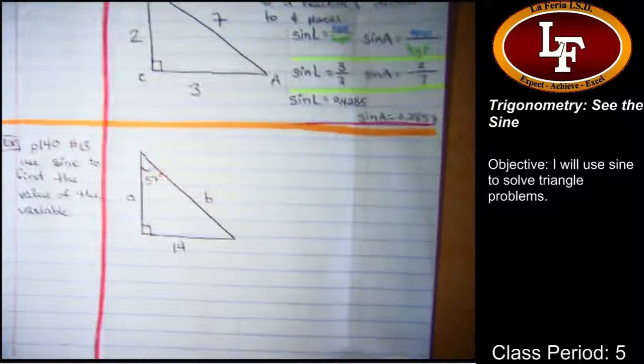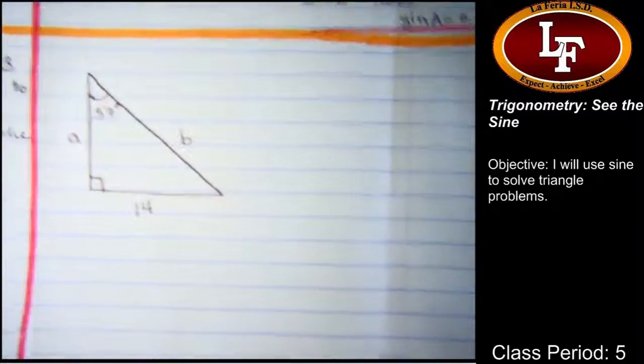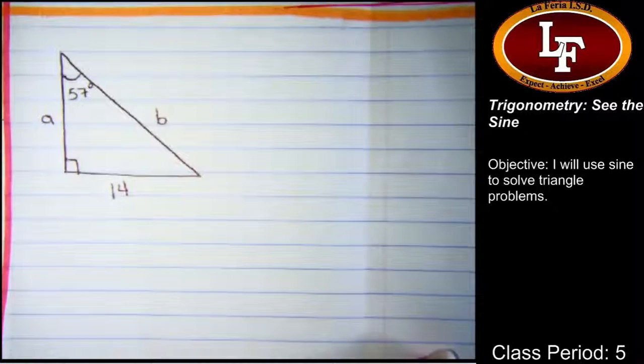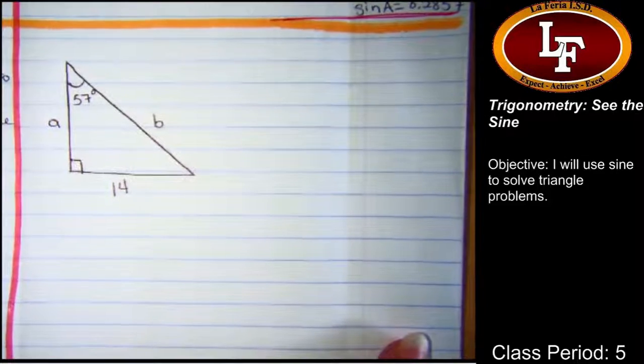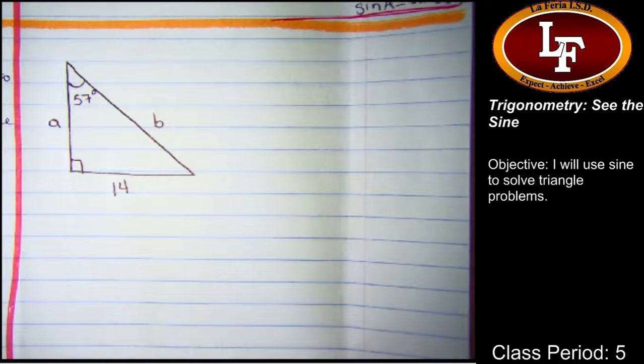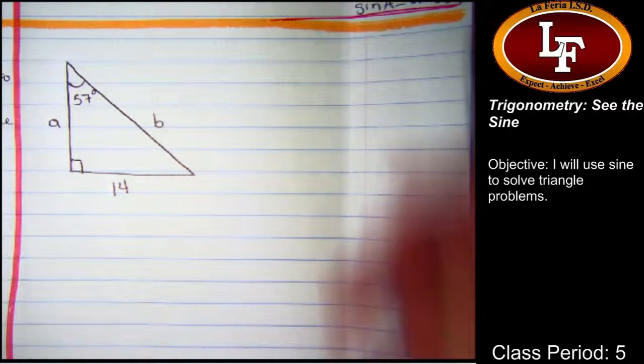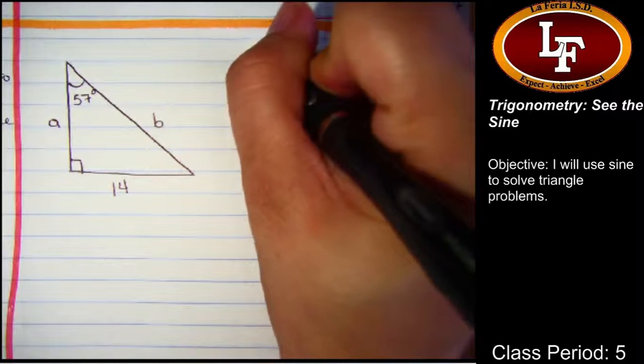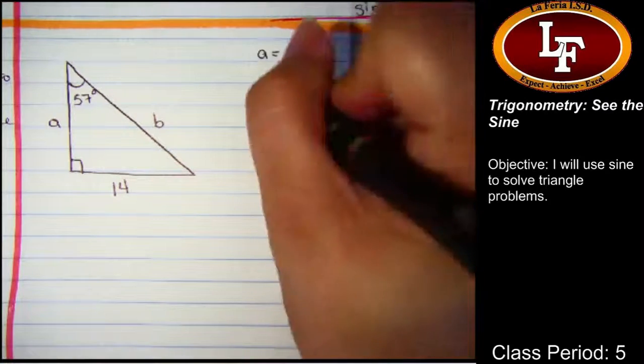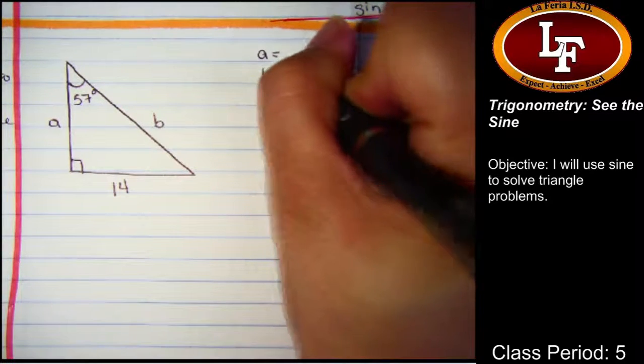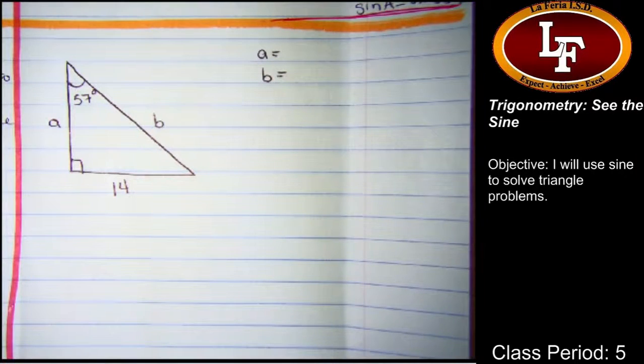I'm going to zoom it in. I'm going to take a moment up here. I'm going to write A and I'm going to write B. We're going to try to find them both using just the sine function.